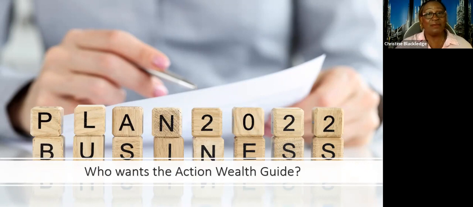Why? It doesn't need to be this way. This is why I'm doing this, so that you can create an action plan for your business. Because if you don't create an action plan, how are you going to build your business? How do you know where you're going? That's the thing: how big you want to build your business.